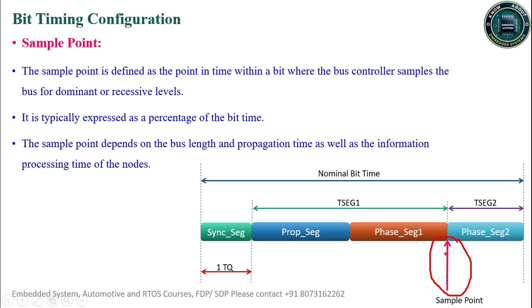In a simpler way, it is the receiver. At this point we are going to receive the particular bit, whether it's a recessive bit or a dominant bit. The sample point is defined as the point in time within the bit where the bus or a controller is going to sample whether it's dominant or recessive.